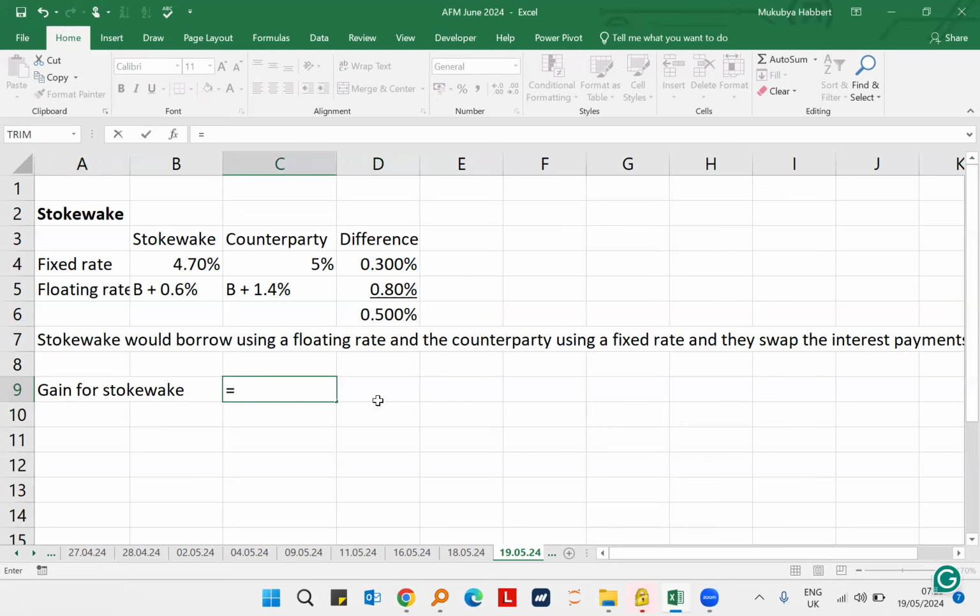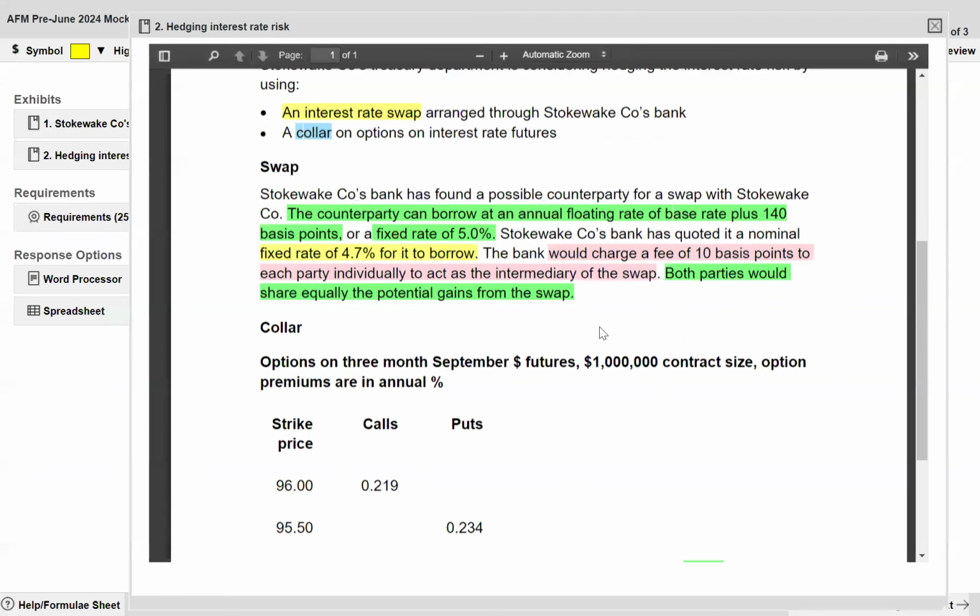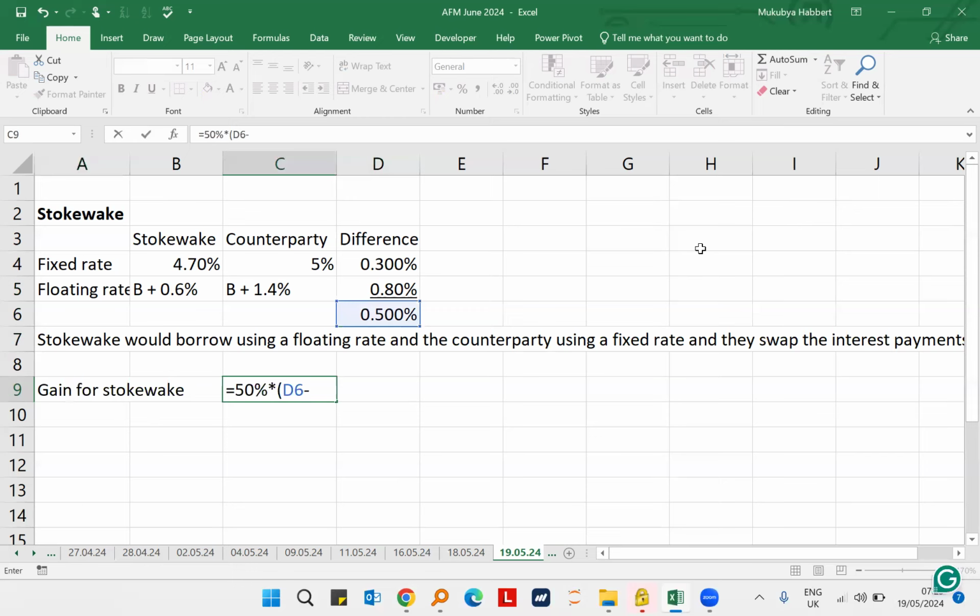So ideally you get half of that differential, but you have to remove also the costs that the bank is charging. The bank is charging 10 basis points to each party, which means it's charging 20 basis points on both of them, 0.2%. So which gives us 0.15% as the gain.